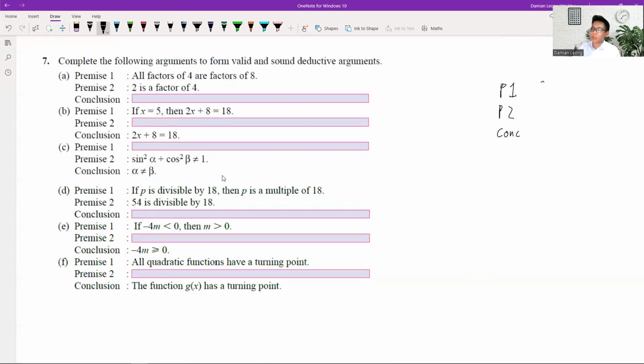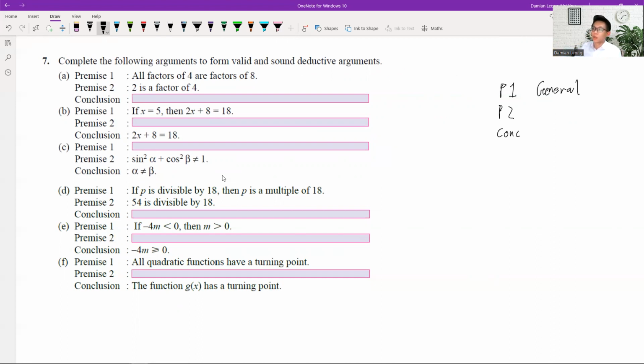Premise 1 is always a more general statement, meaning it's not specified to one specific object. I can say all even numbers, or I can say all dogs. Maybe I say all dogs have 4 legs. That's my general statement.